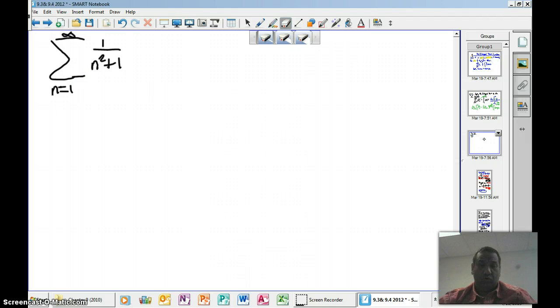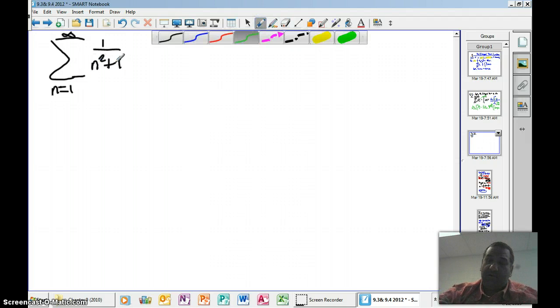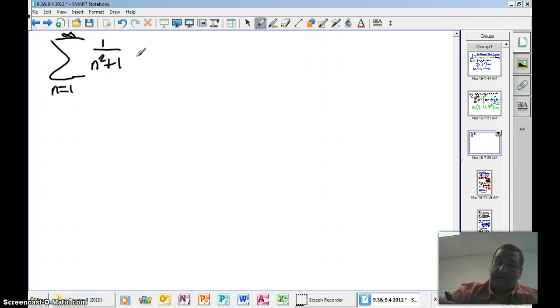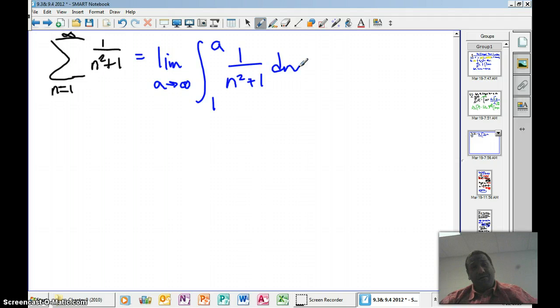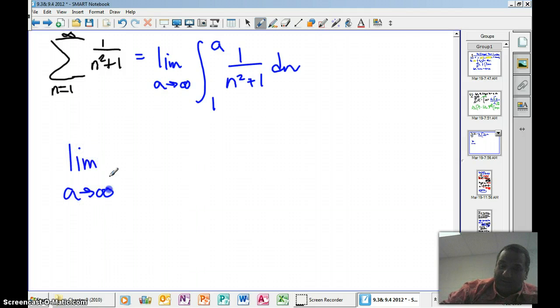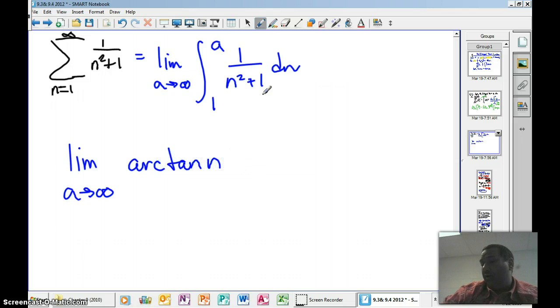Another one? Sure. See how I can't get 0 in the denominator? So this is going to be equal to the limit as a goes to infinity of the integral from 1 to a of 1 over n squared plus 1 dn. I don't know if you recognize this one, but this one is your favorite, maybe. This is your arctan of n, evaluated at a and 1.